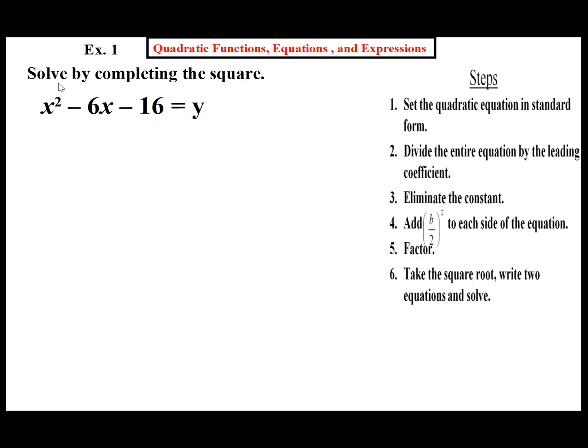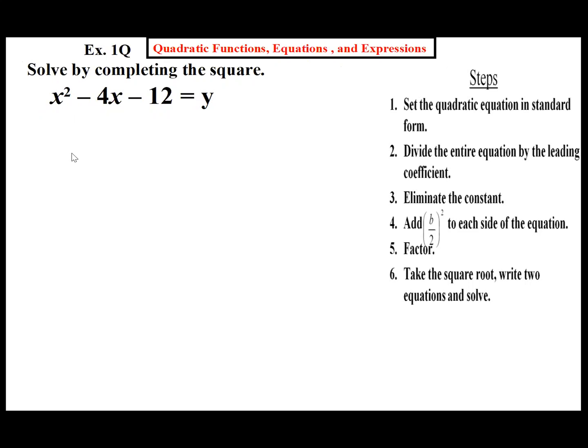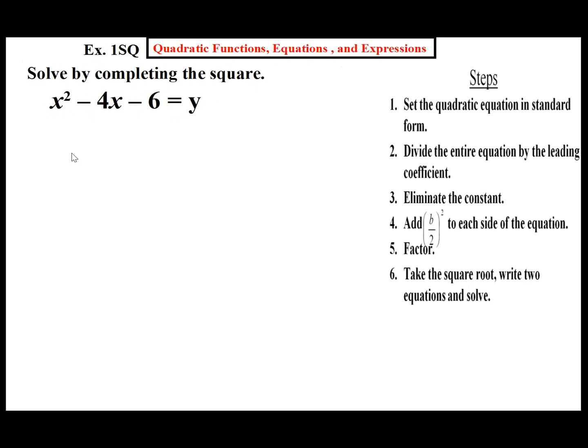We moved on to completing the square. So we did example 1, and it says solve by completing the square. And we went to example 1Q, one similar, we did together. Then we went to example 1 mega Q, which now had a leading coefficient of -3.